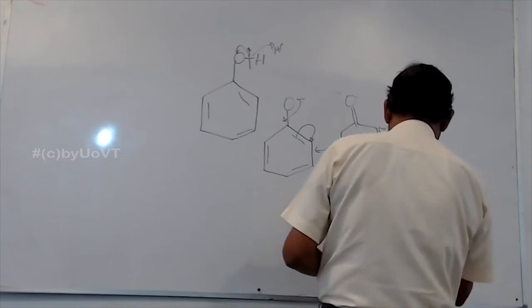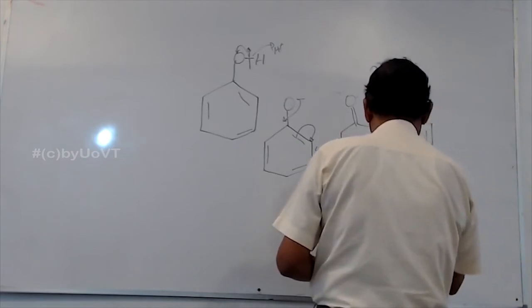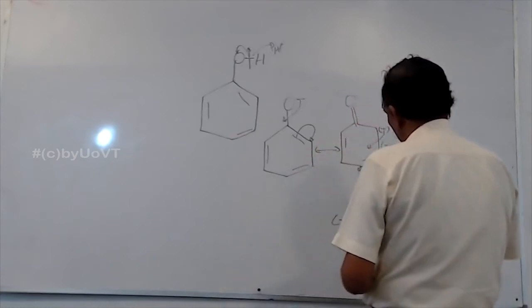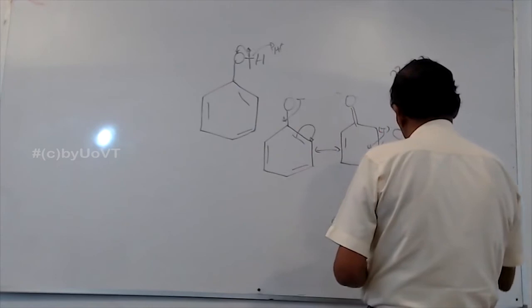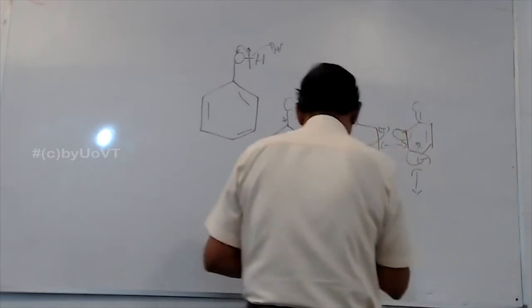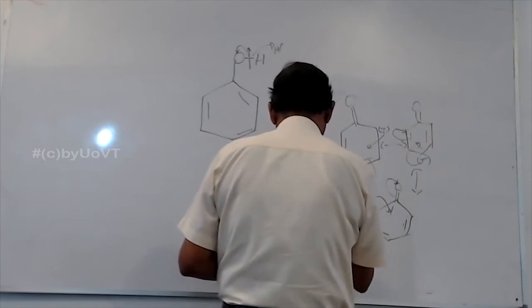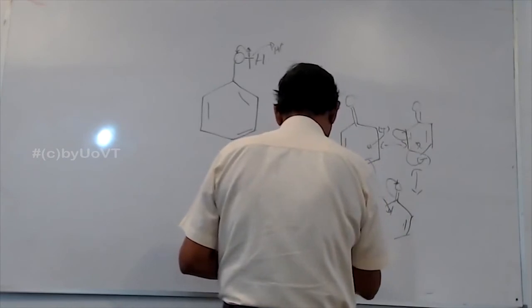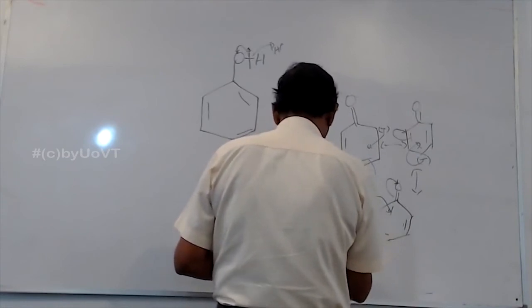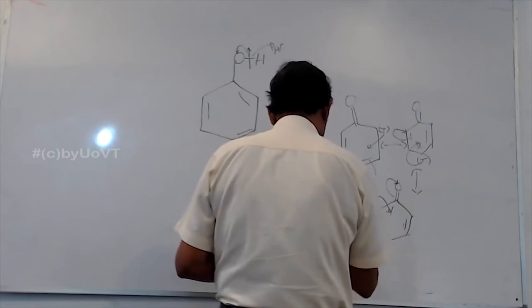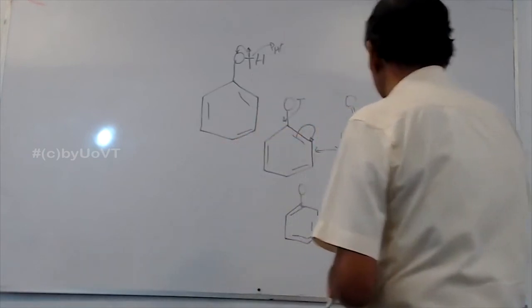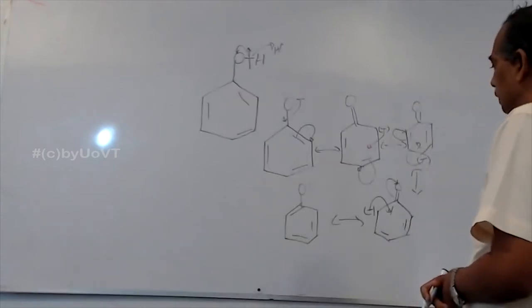Now the bond is here. Then go to the next position. Again this electron goes to the oxygen.